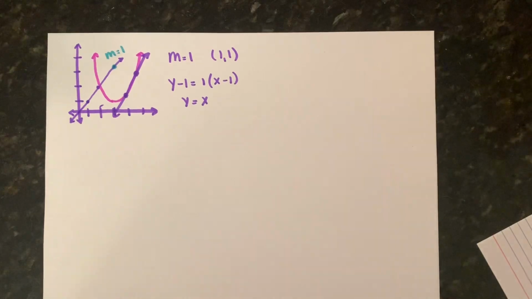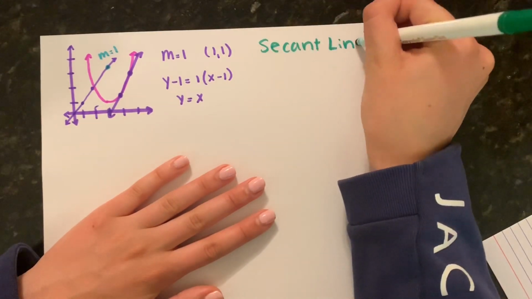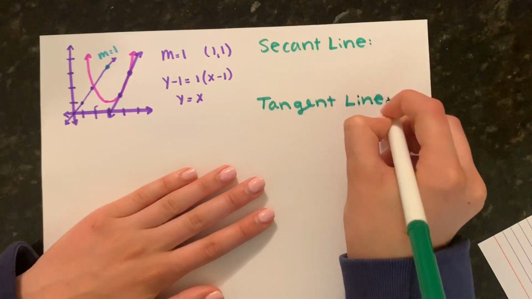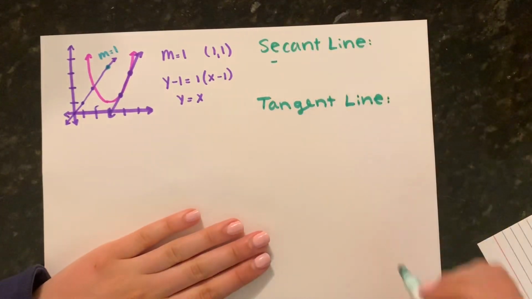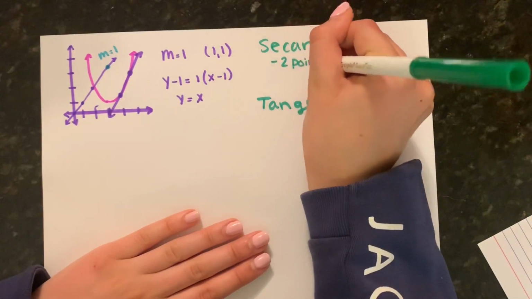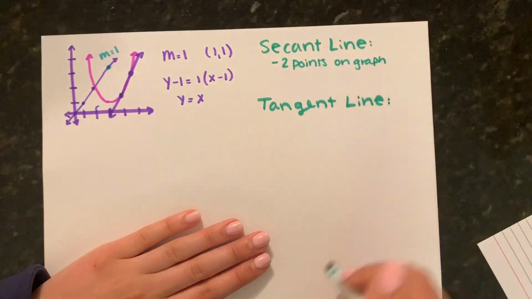It's important to know the difference between a secant line and a tangent line. Now, the most important thing to know about the secant line is that it passes through 2 points on the graph. It is the average slope between those 2 points, and it's an estimate of the slope at a point in between those 2 points.